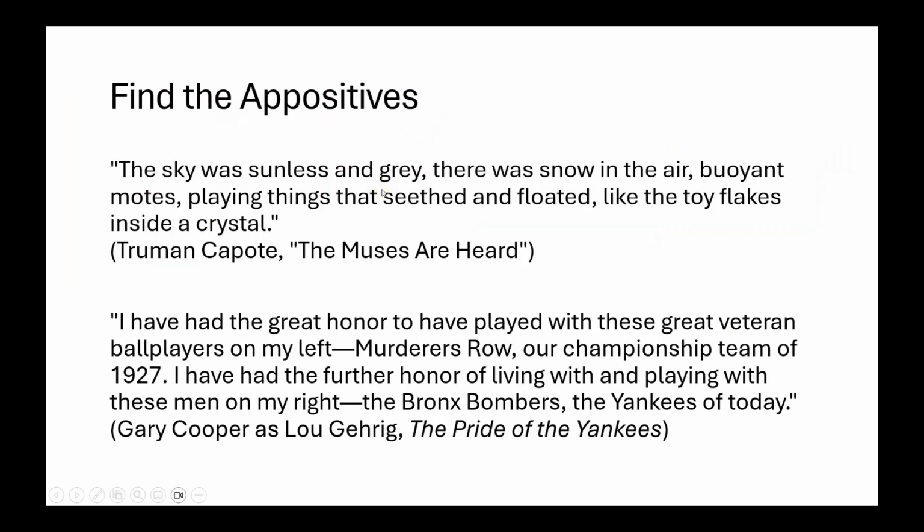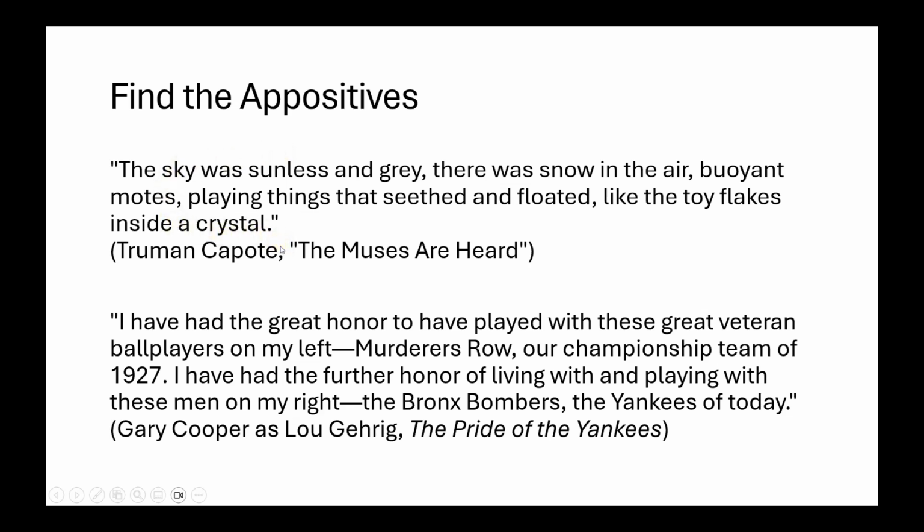Here I will give you some more difficult passages to see if you can find the appositives. I'll wait for a minute while you look. Let's read this first one together. The sky was sunless and gray. There was snow in the air, buoyant motes, playthings that seethed and floated like the toy flakes inside a crystal.